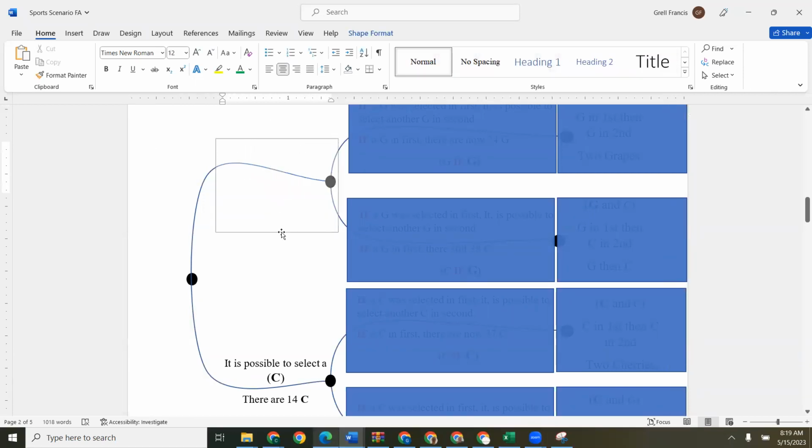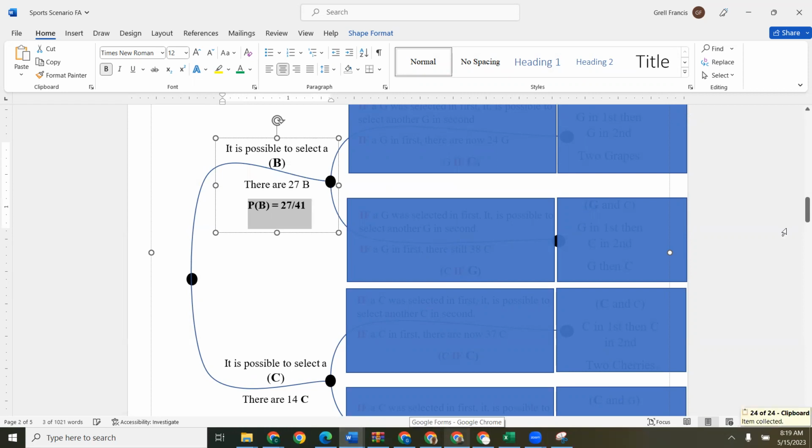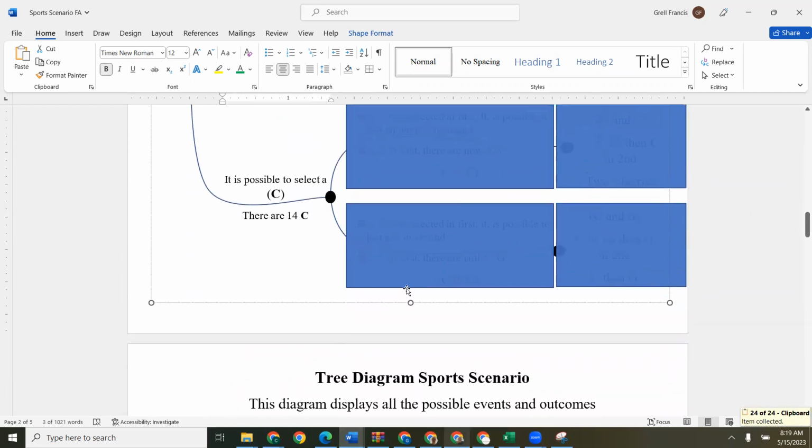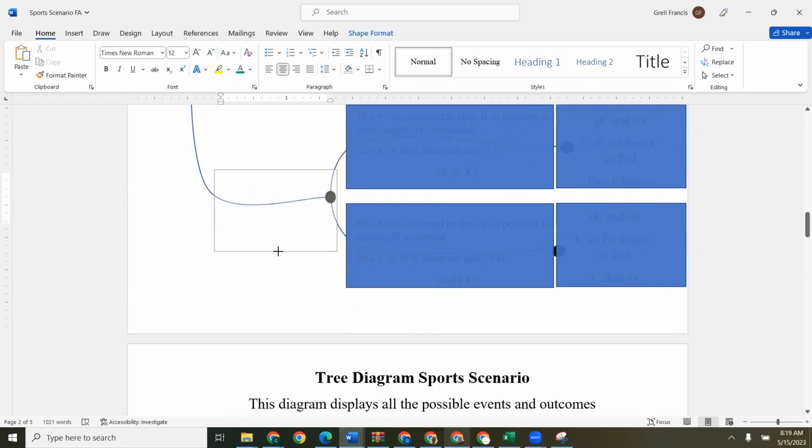So the probability of a berry in the first selection is 27 out of 41. And the probability of a cherry now in the first selection is equal to 14 out of 41.